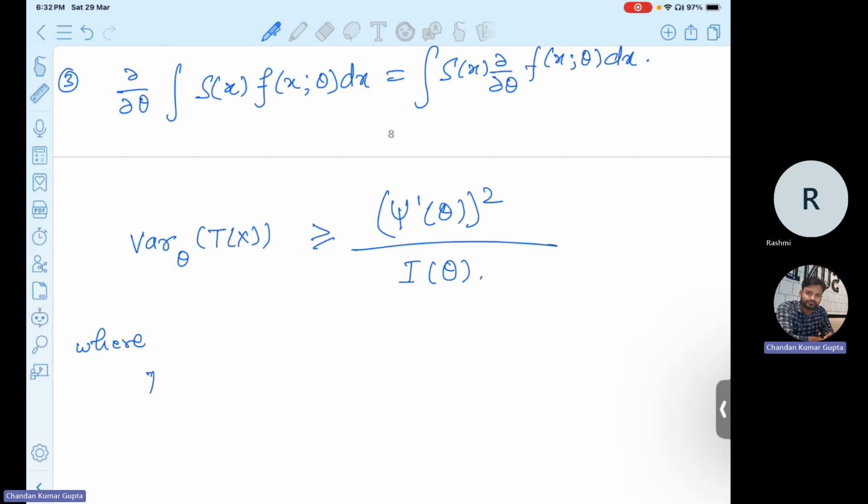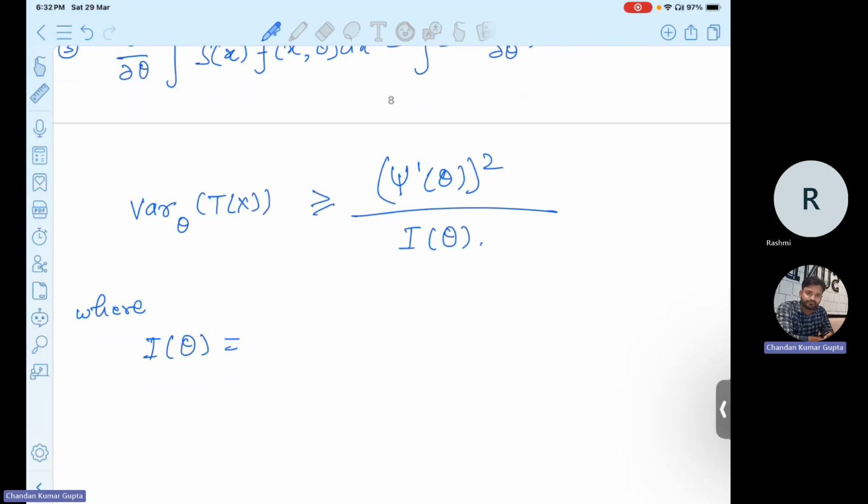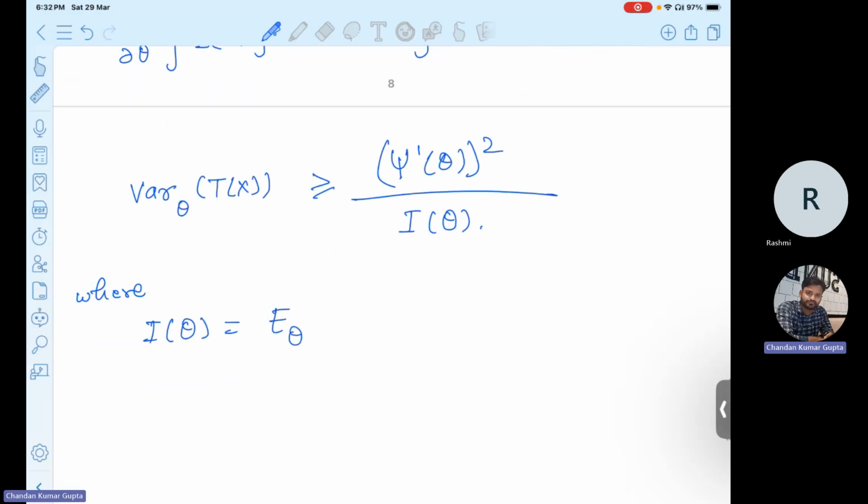I theta is defined as the expected value of (del by del theta of log of the PDF f(x, theta)) whole square.